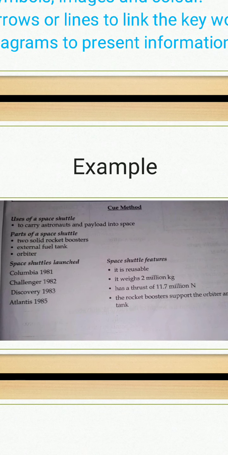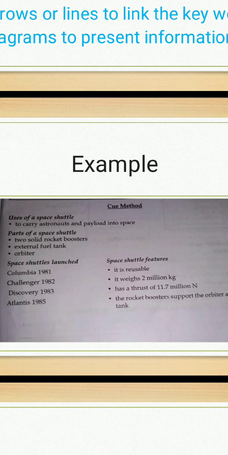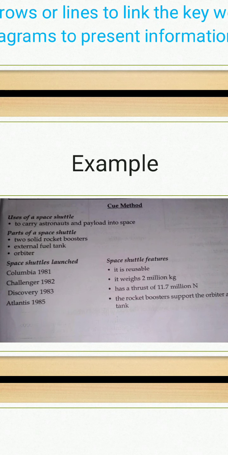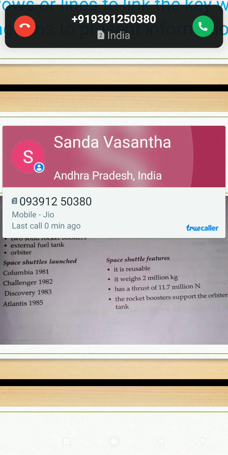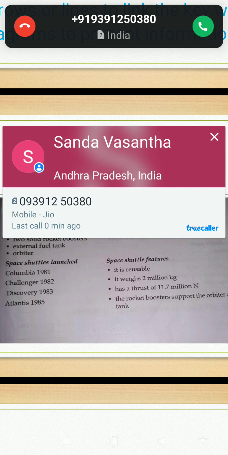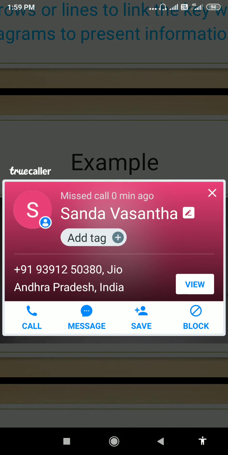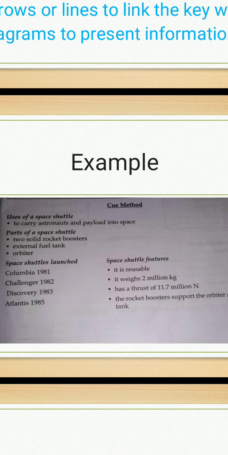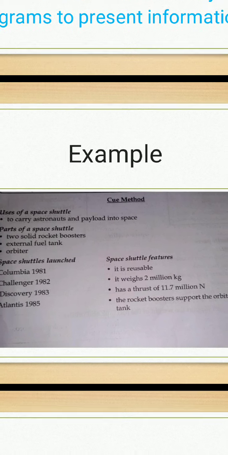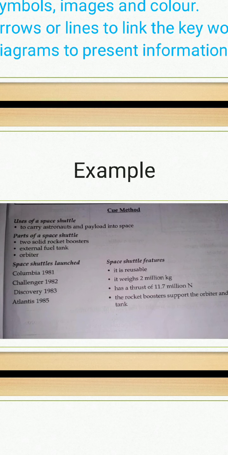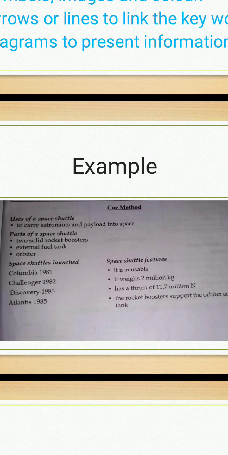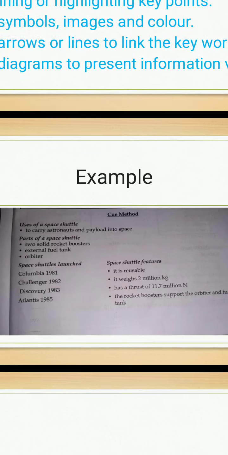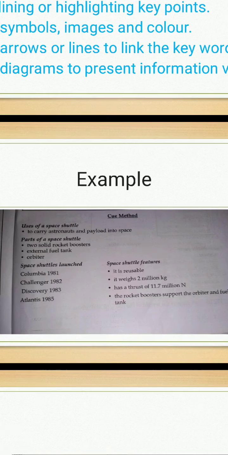The second is Challenger in 1982, and the third one is Discovery in 1983. The fourth one is Atlantis in 1985. The next subheading is space shuttle features. In this we have a few features.